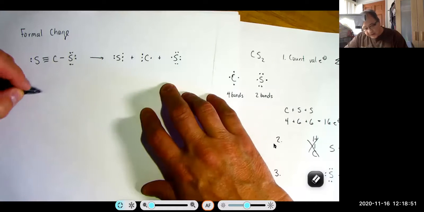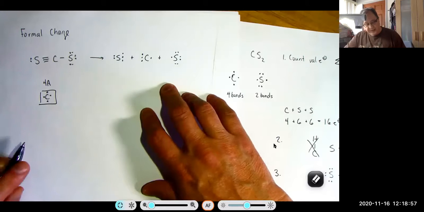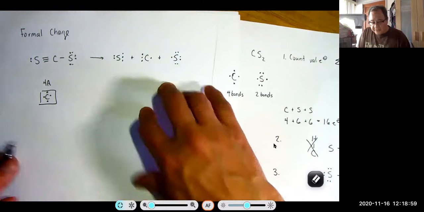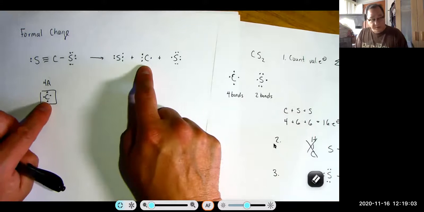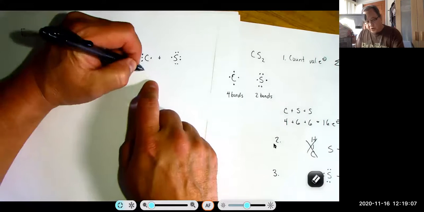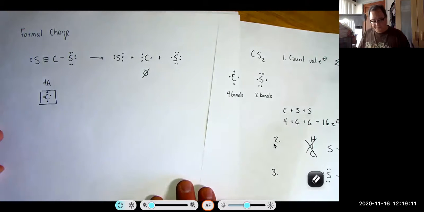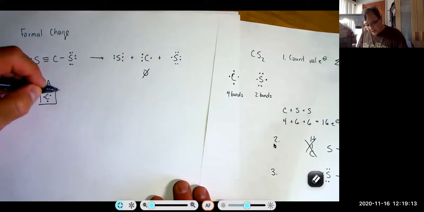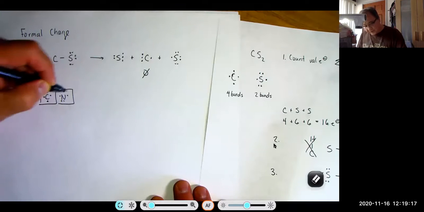Now to assign formal charge, here's what we know. Based on the periodic table, the carbon in 4A should have 4 valence electrons. How many valence electrons does this carbon have? It has 4. This is a neutral carbon atom, and this with 4 valence electrons is a neutral carbon atom, so its formal charge is 0. Nitrogen is here with 5 valence electrons.